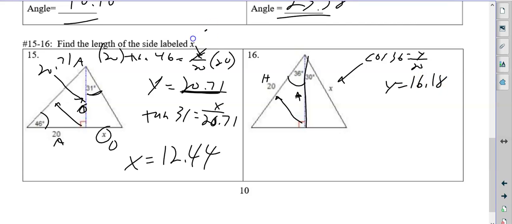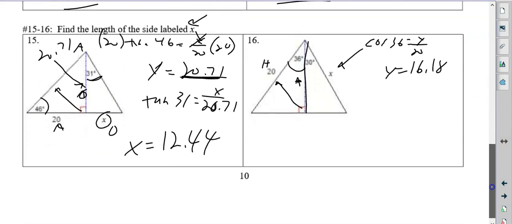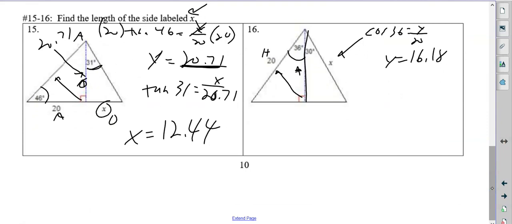Now, since it doesn't say how to round it, if you did 16.2, you're fine. You get a slightly different answer. It's okay. Now, based on this angle, here's the hypotenuse. The adjacent is still the adjacent. So it is still cosine.